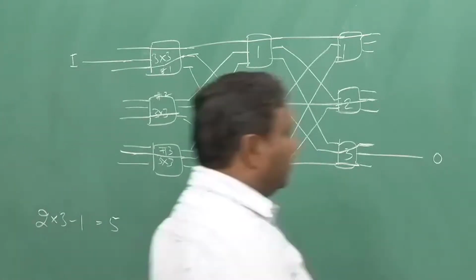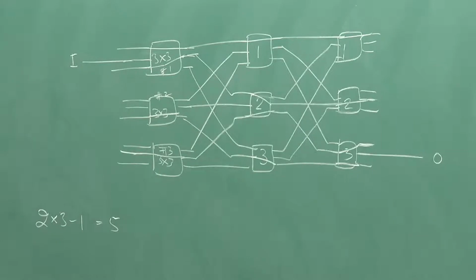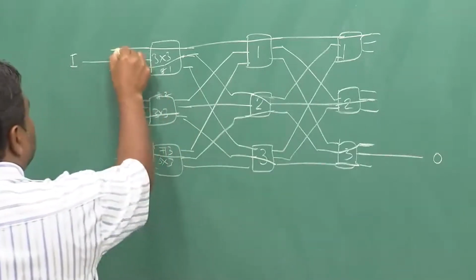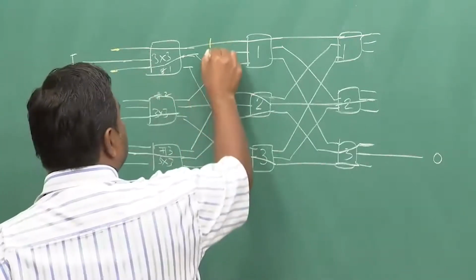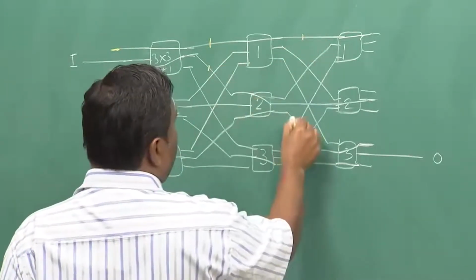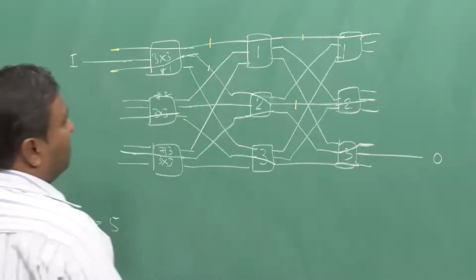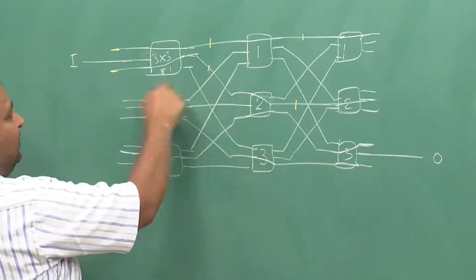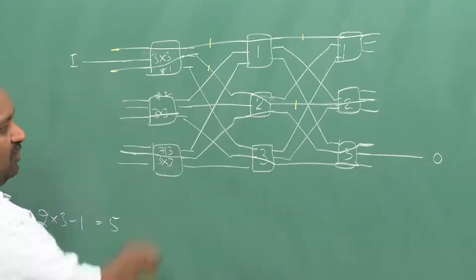So now the connections the way they are actually happening, let me use a colored chalk. So this connection is connected already. So these lines are occupied. So from this side these two are occupied, the third one is free, which can be used to connect this input to the output.